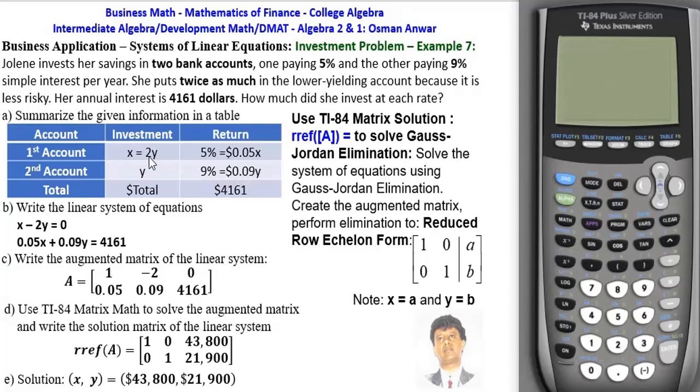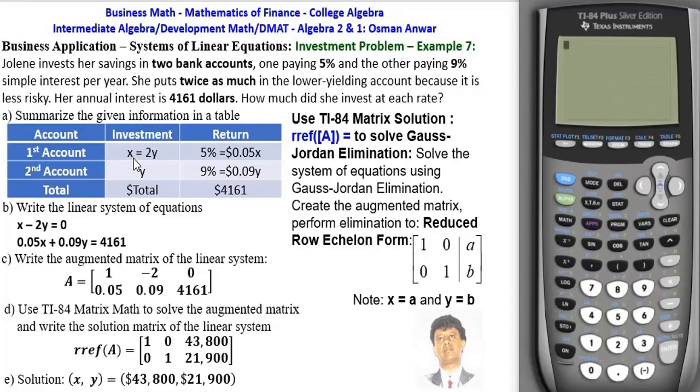We don't know how much she invested in total, but what we know is she invested in the first account twice the second account, which is x equals 2y. And we know the total return she got, 4,161.